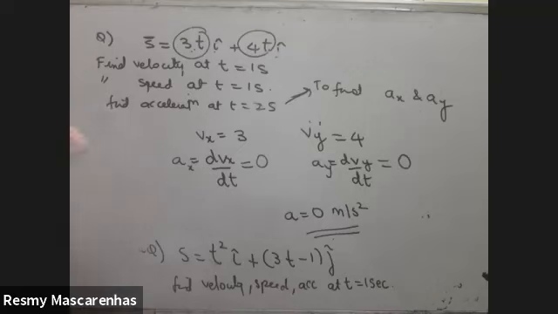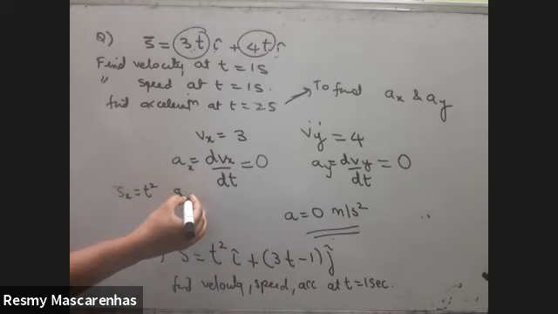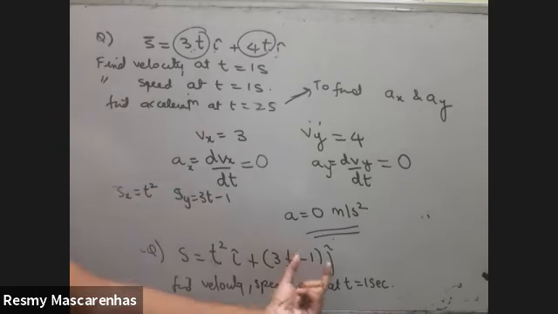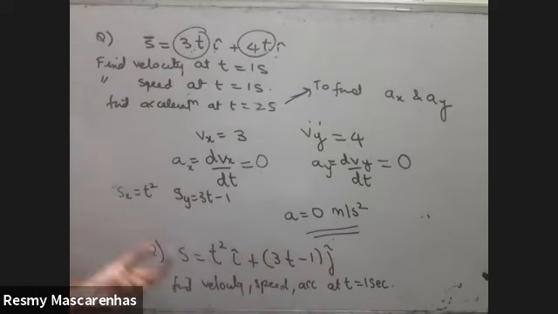The only hint I'll give you is that your x component will be t square and your y component will be 3t minus 1. Whatever is on the side of j is always the y component. From now on, wherever you find a t, just put t as 1 while calculating. Just give it a try. Otherwise, anyway, I'll solve it in the next class. If you have solved it, then you can send it, no problem.